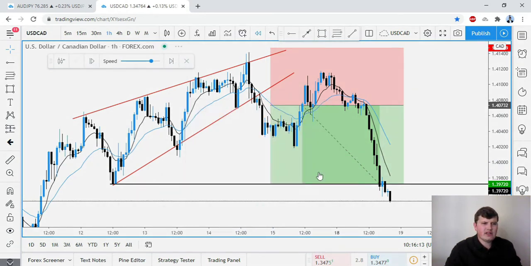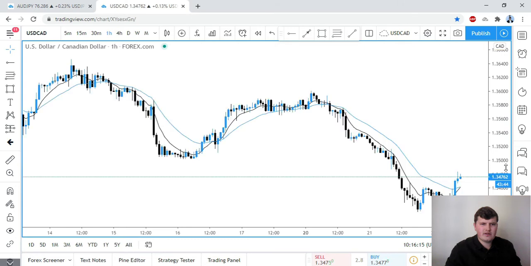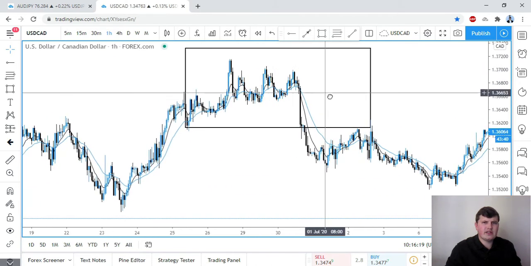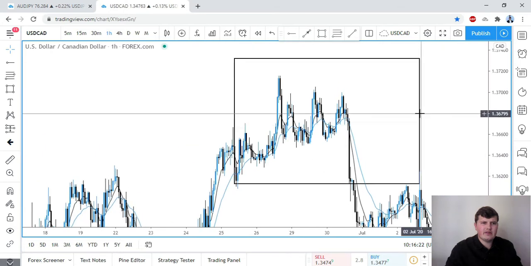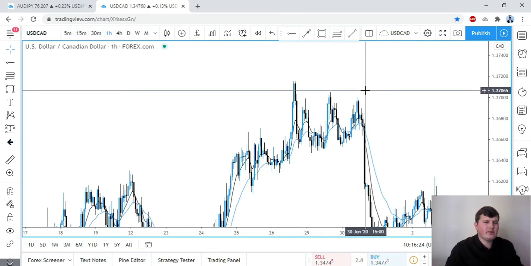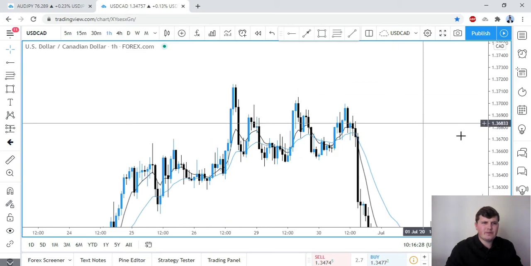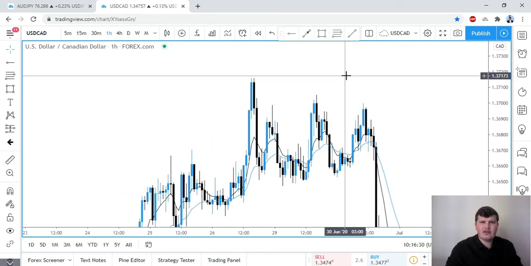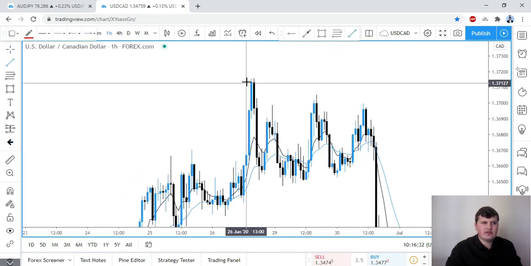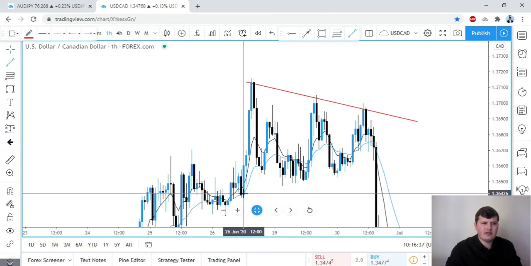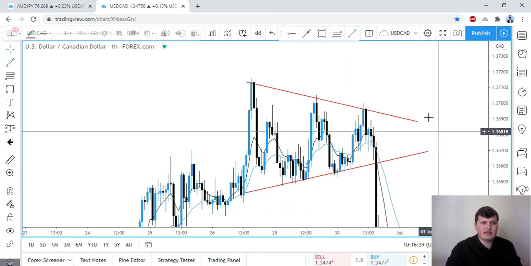So let's just close this real quick, and the last chart pattern is a triangle chart pattern over here. This is the same chart setup, the dollar CAD 1 hour, and for a triangle, you just connect the highs like that, and you connect the bottoms like that.